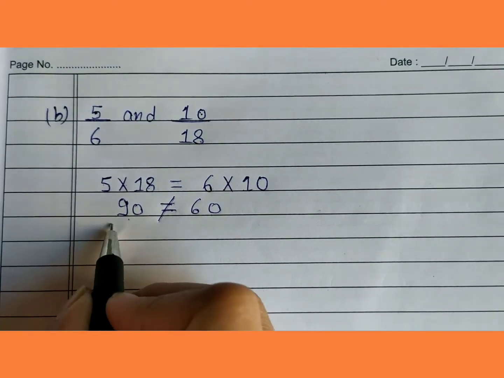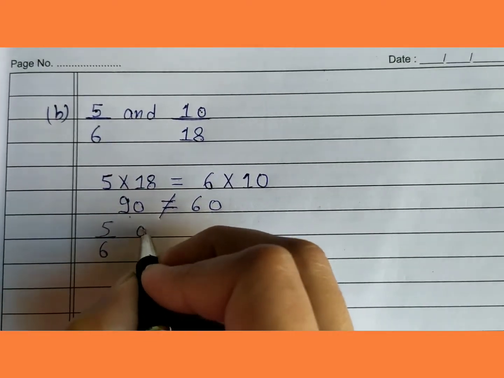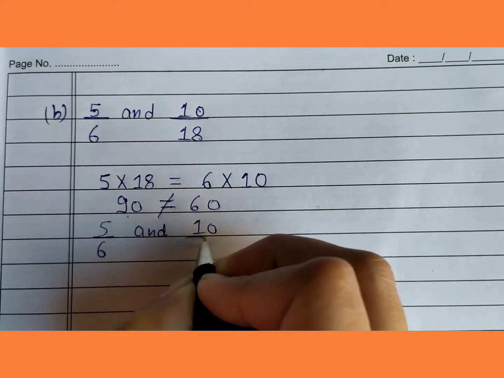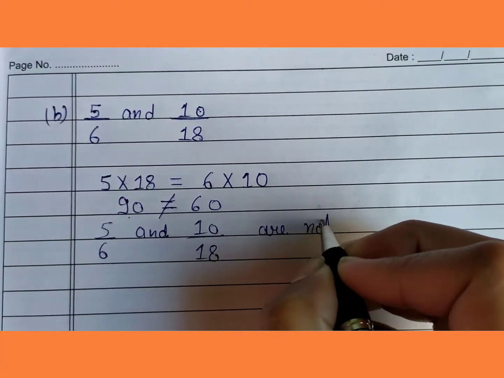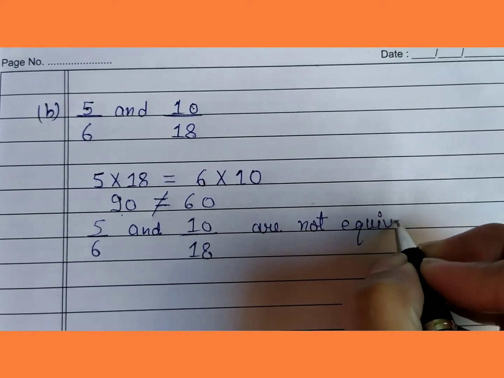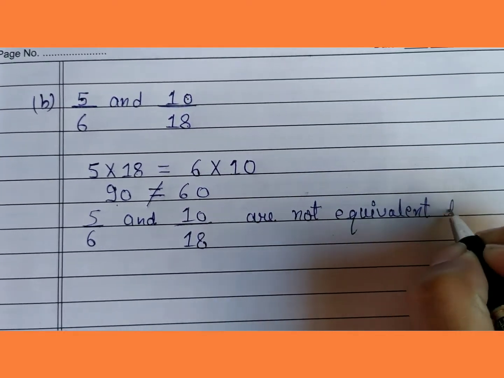It means 5 upon 6 and 10 upon 18 are not equivalent fractions.